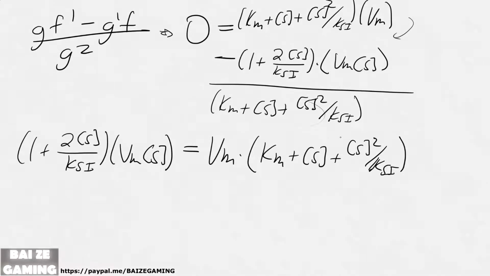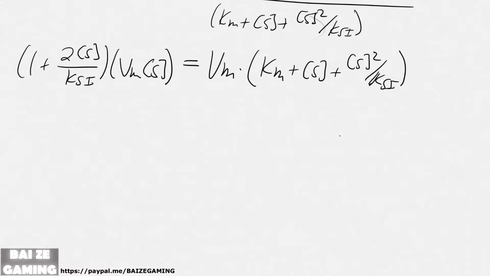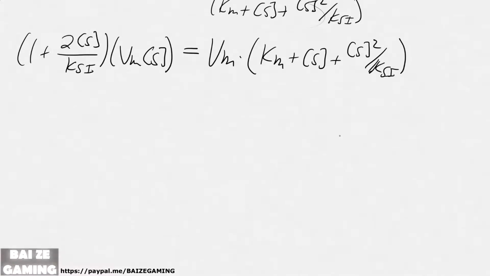Remember what the goal is. We have to isolate this in terms of S to find the optimal concentration, and you'll see it's actually a function of these other variables. For this, I guess we just redistribute and then we'll factor out S.